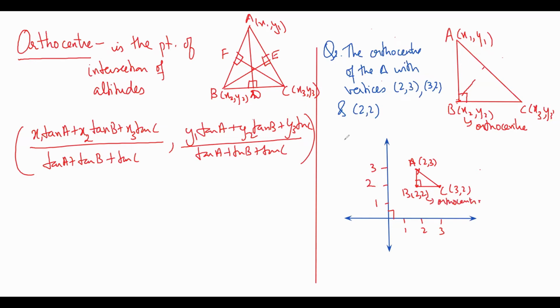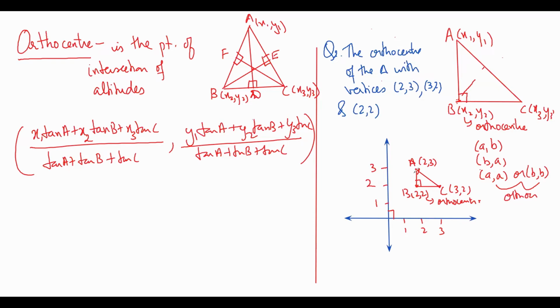So one more shortcut. Instead of plotting these points on the coordinate axes, if your vertices are of this form A, B, B, A, that is 2, 3, 3, 2, then the orthocenter may be AA or maybe BB. You can check here. How?